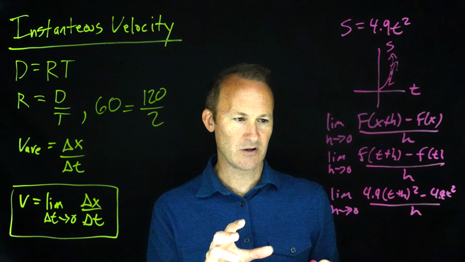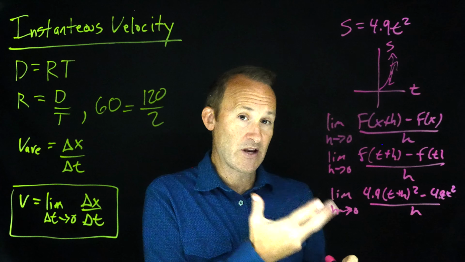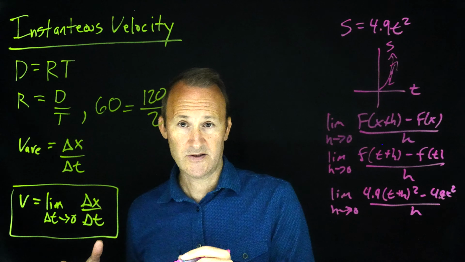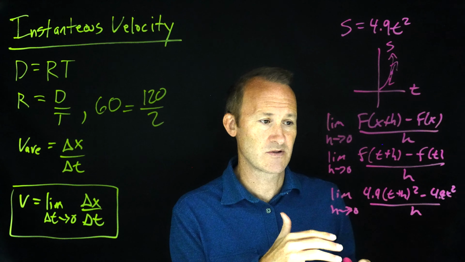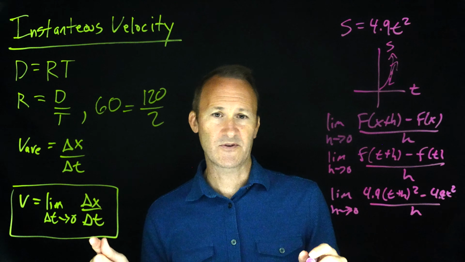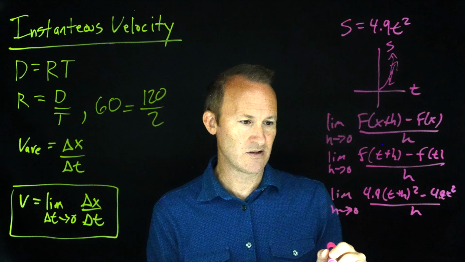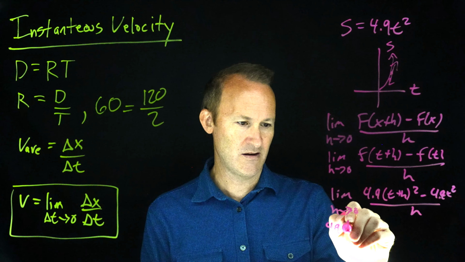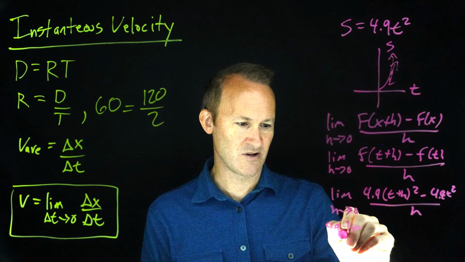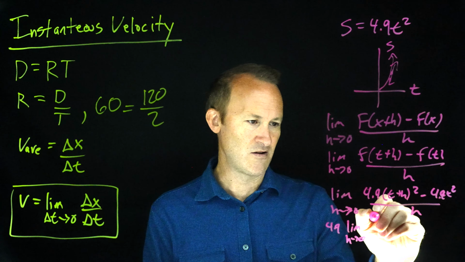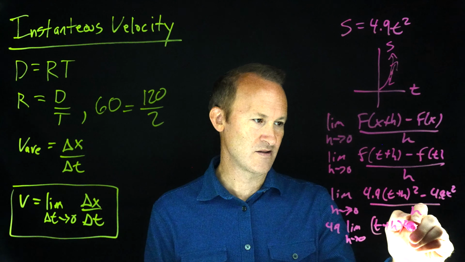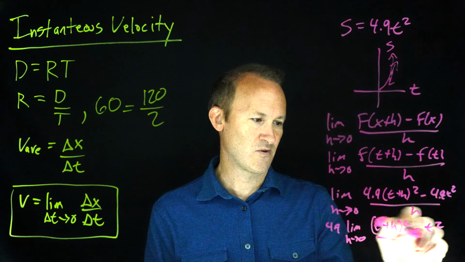Limits distribute: the limit of a constant times something is the same as that constant times the limit of the terms. So if you pull out the 4.9, you end up with 4.9 times the limit as h goes to 0 of (t plus h) squared minus t squared all over h.